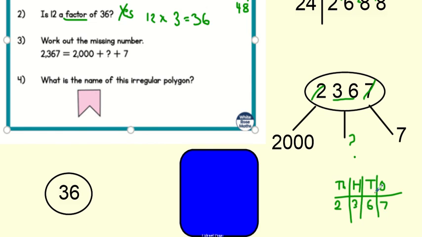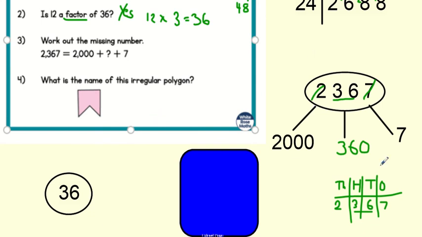And we know the 6 represents 6 tens. So the number that I've got left in my part whole model, my missing number, is going to be 360. Okay, well done everybody that used their place value knowledge to spot that one.